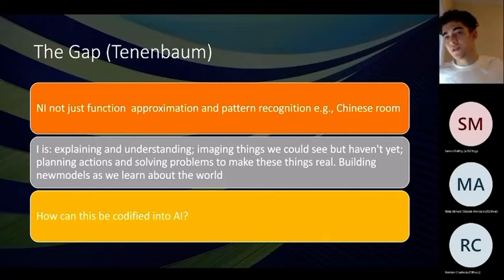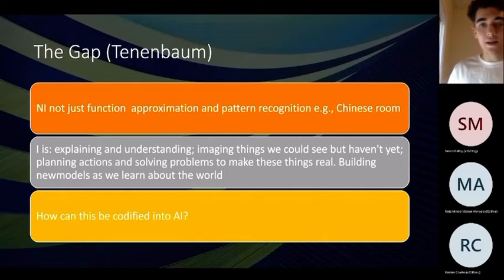Of course, this Chinese room thought experiment is a response to the Turing test. The test says that if the AI is responding like a human would, then maybe it's thinking like a human would. The Chinese room is supposed to make us think, no, actually, it's just pattern recognition. So natural intelligence is different from pattern recognition and function approximation.